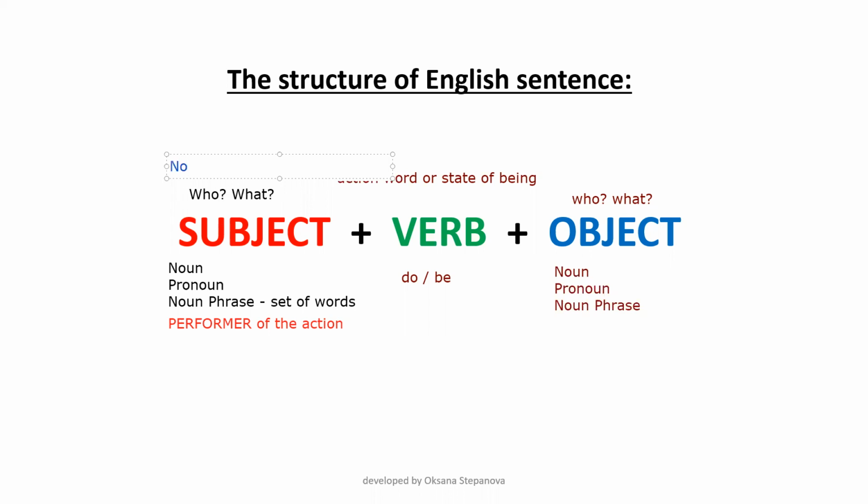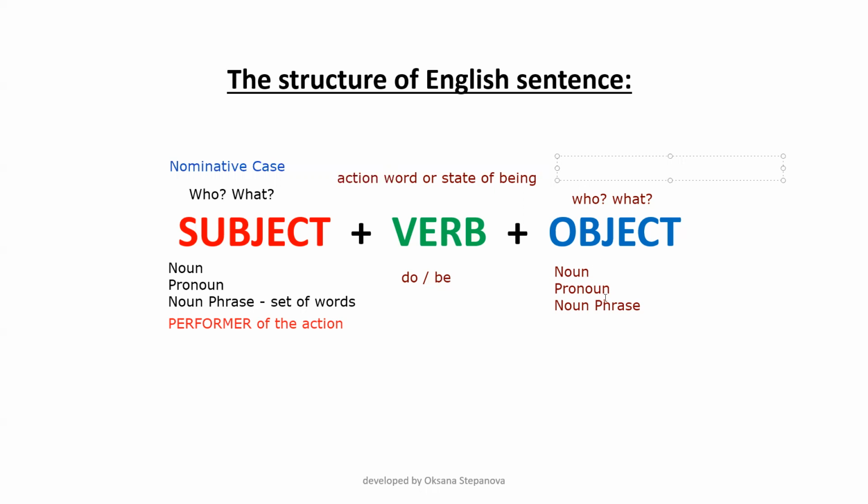When we talk about the subject, it is usually the nominative case. When we talk about the object, it is already not the nominative case, okay? So the nominative case can be only the subject of the sentence. It can be only the performer of the action, who or what.